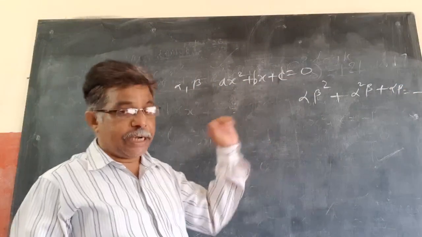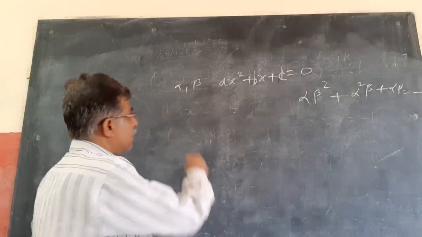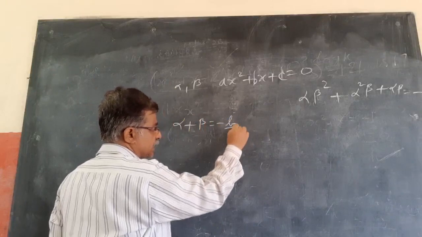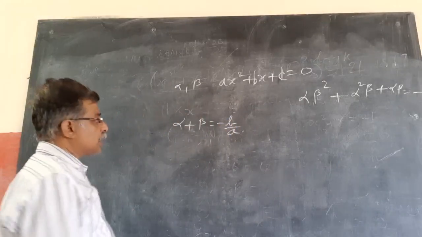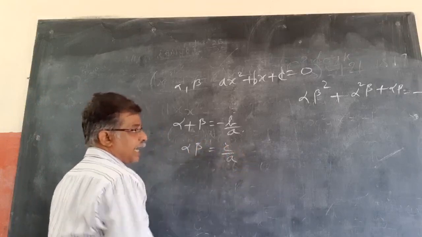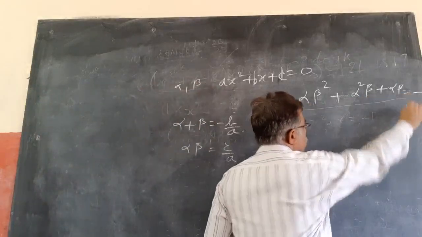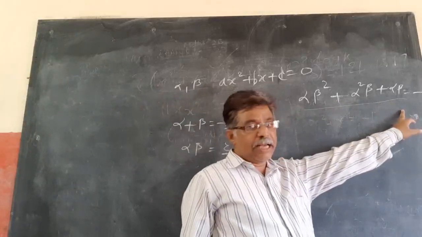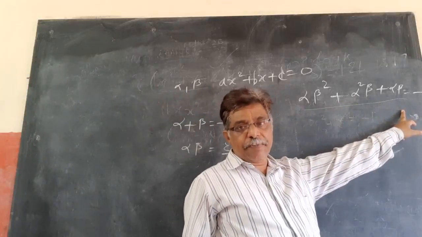So how can I find? I know that here alpha plus beta, the sum of the roots, is minus b by a, as we discussed yesterday. And the product of the roots alpha into beta is equal to c by a. Now I need the value of alpha beta square plus alpha square beta plus alpha beta. If you observe the whole expression, I can take alpha beta common.